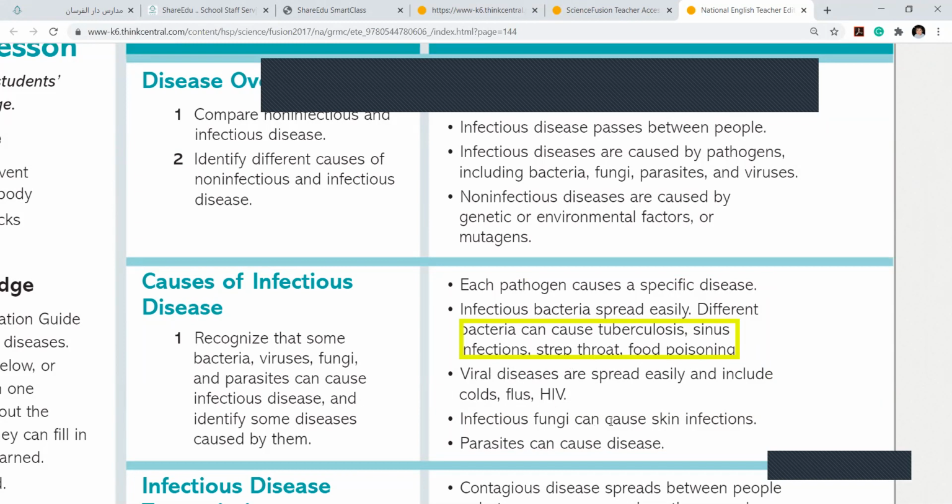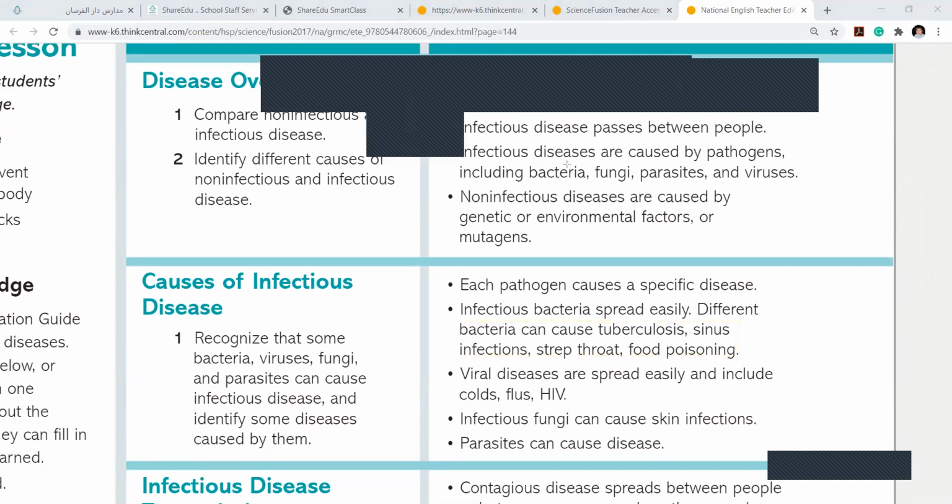Infectious fungi can cause skin infection. Sometimes you see something round and red in color, and then you have small dots on it.